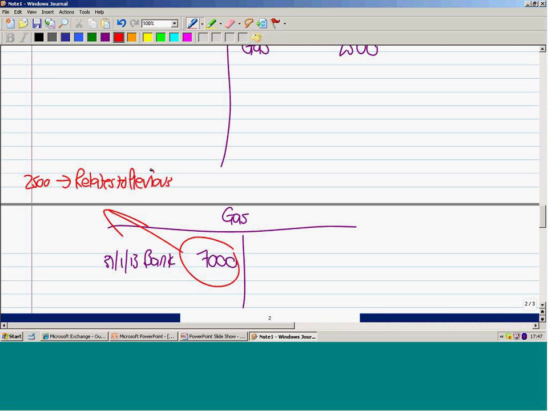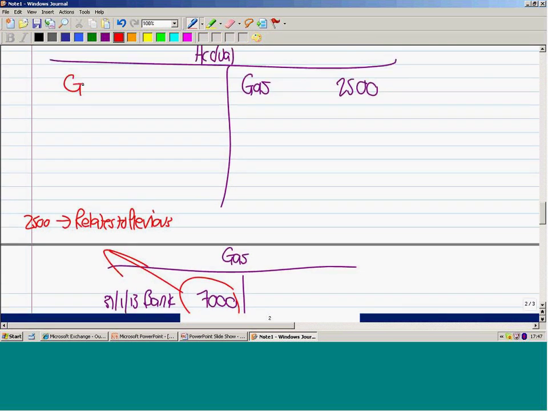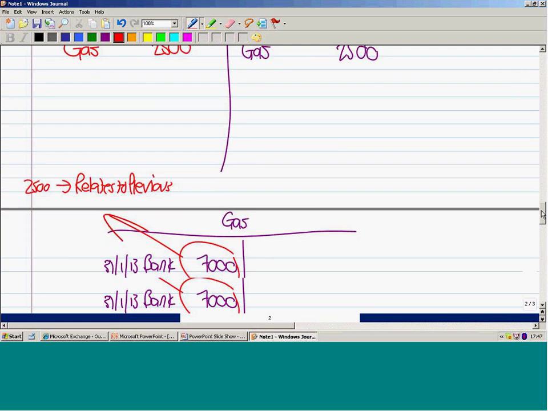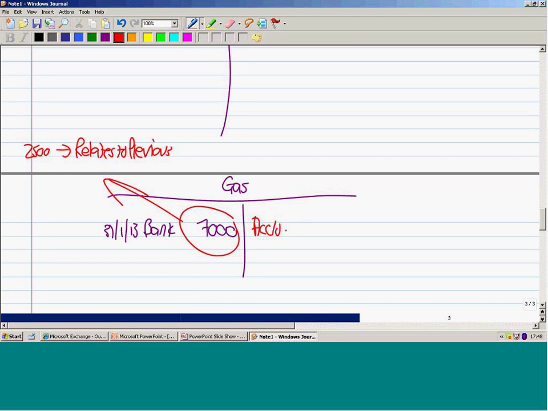So we need to reduce that gas charge, and we do this by reversing out this journal entry. I'm going to put the other side of the journal entry, the 2,500, in the gas account, which means we have an accrual brought down of 2,500.